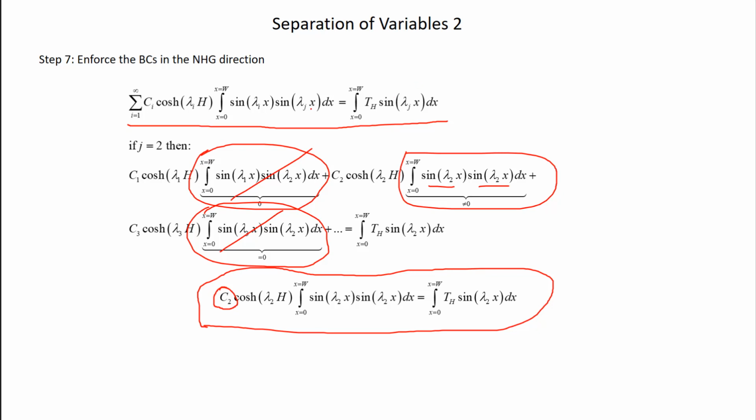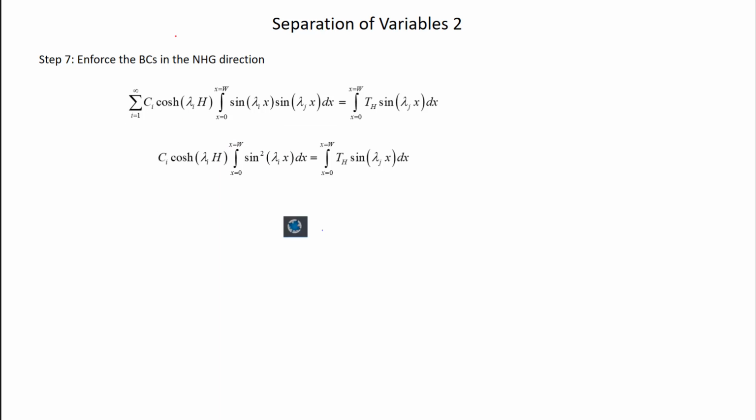If I did this again where j is equal to 3, I would get a single equation for c3. If I did it for j equal 4, I'd get a single equation for c4, and so on. So basically, I'm going to get an equation for whatever constant corresponds to the eigenfunction that I'm multiplying by.